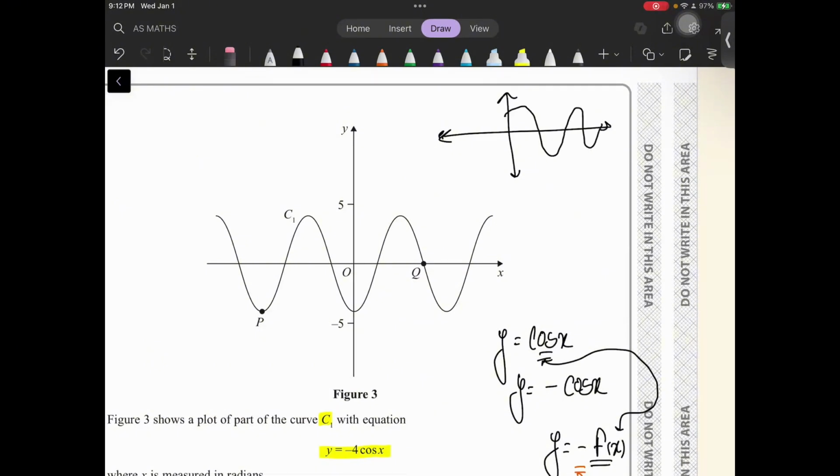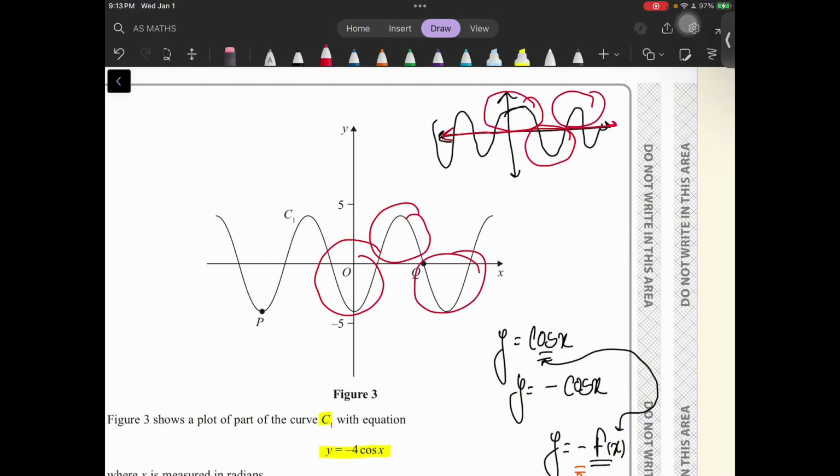Let's see, reflection on the x-axis. As it is reflected on this axis, all of the parts get inversed. So this part becomes this. See, this part becomes the upper one, and this part becomes the lower one.